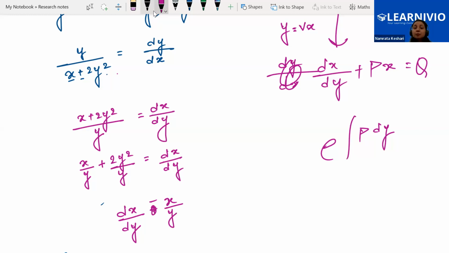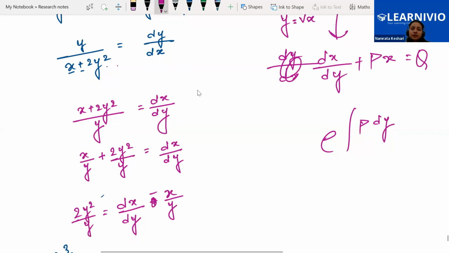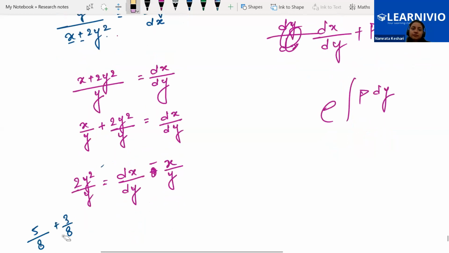Does it look like Px? Can you tell me what is P, Murtaza? P is x by y. I am arranging it for your clarity.